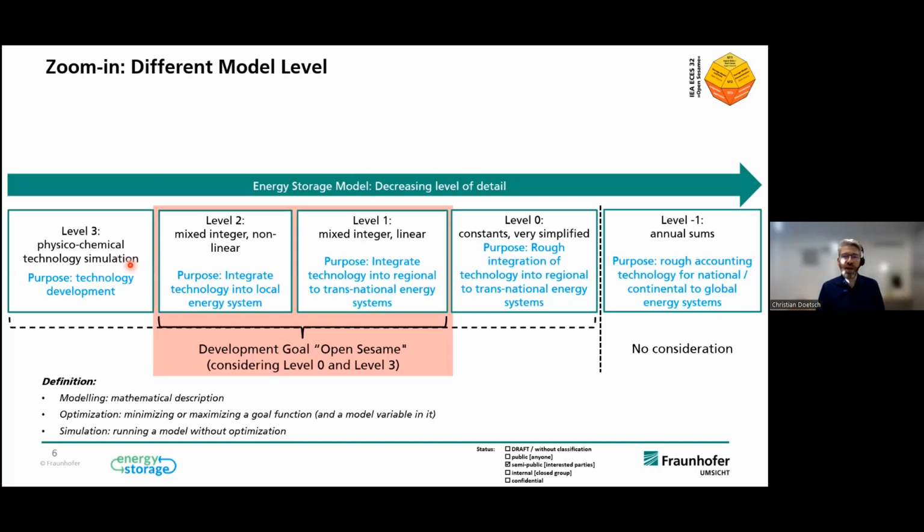And so we defined it from the left-hand side, starting with level 3. This is our definition, to be honest. We called it the very highly sophisticated physical or chemical simulation model. These are existing models, for example, for lithium-ion batteries, for compressed air storages, and so on.